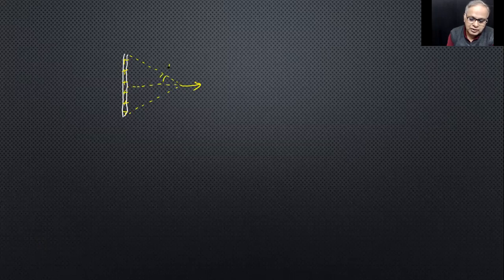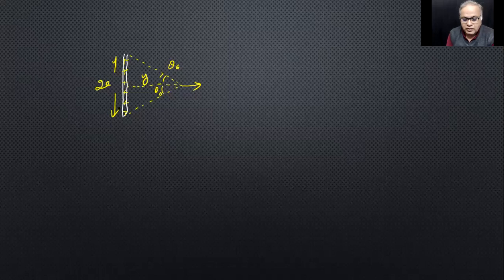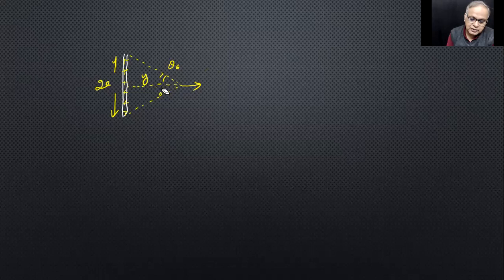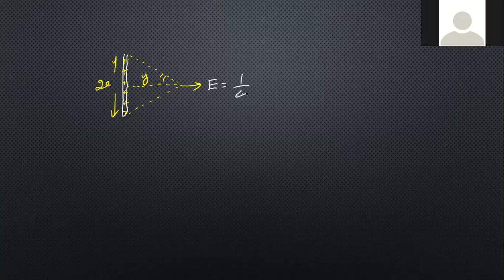This is theta naught, this is theta naught, and this is y, this is 2a. Now in terms of a and y, not in terms of theta naught, what was E? In terms of Q, a, y, what is E here? 1 by 4 pi epsilon, Q by y under root of a square plus y square.